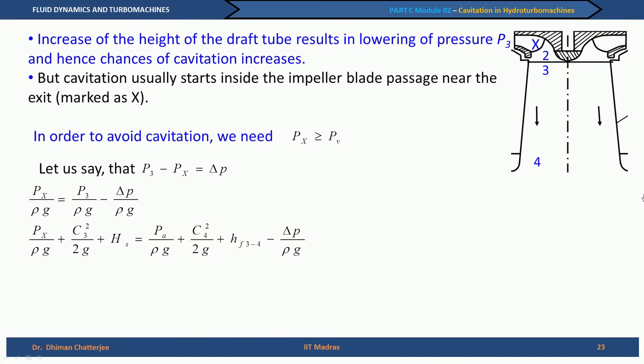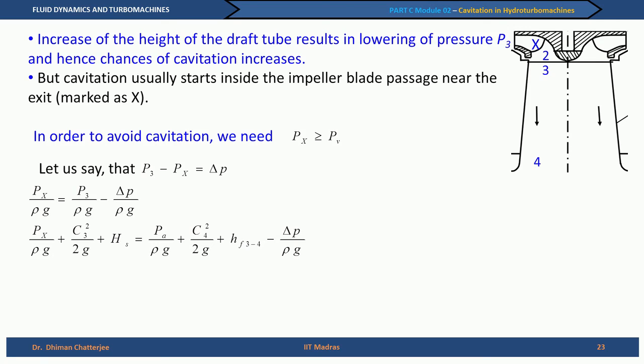In the case of turbine, the pressure drop taking place between x and 3 inside the turbine is known to the manufacturer of the turbine, and hence we can write that Px by rho g is equal to P3 by rho g minus delta P by rho g.